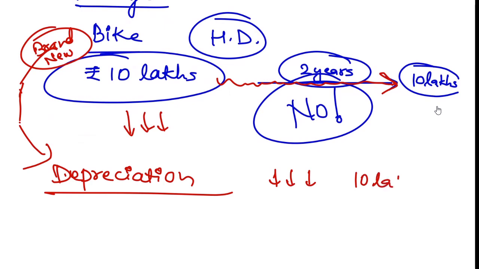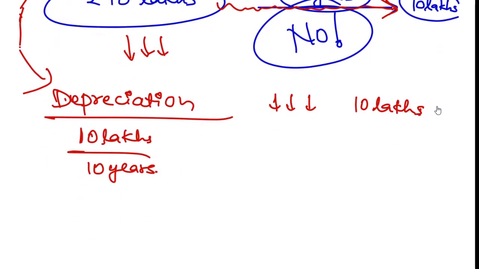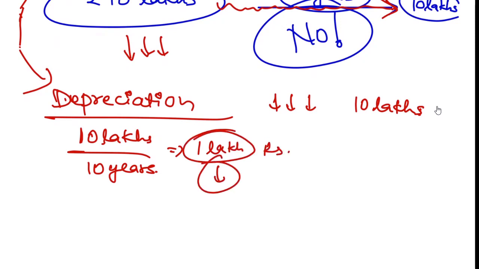So earlier it was 10 lakhs. Let's say 10 lakh was the value. It can be used for 10 years maximum. So every year 1 lakh rupees of value will reduce.